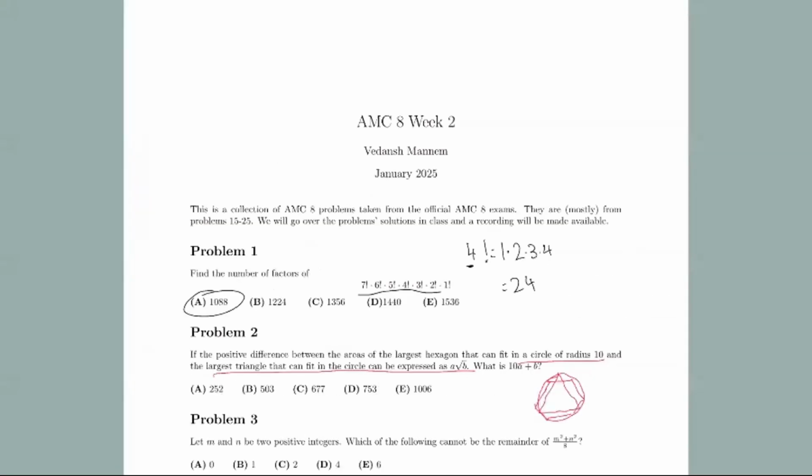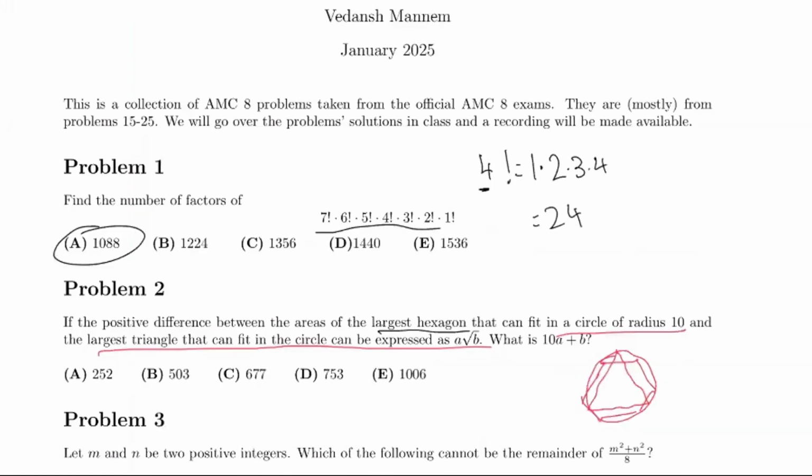In a hexagon, it says the largest hexagon that can fit. From here, we know that the hexagon has to be regular because if all the sides are equal, that'll take up the most area. And sort of intuitively, if you think about it, if I move this vertex, for example, if I took this vertex and I shifted it right here, I would be losing out on some area because my height would be max right here.